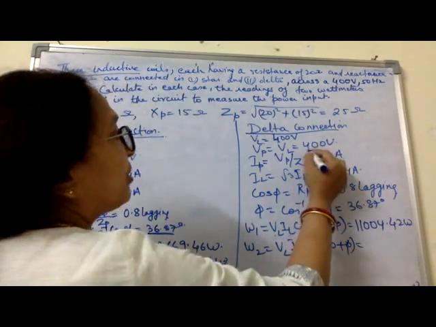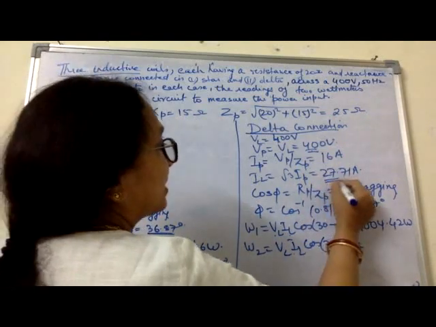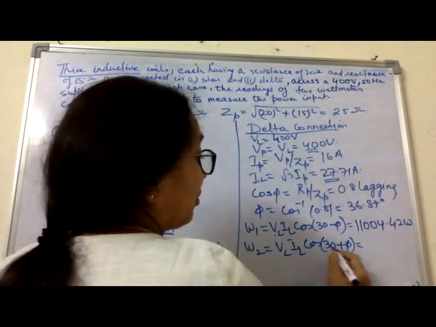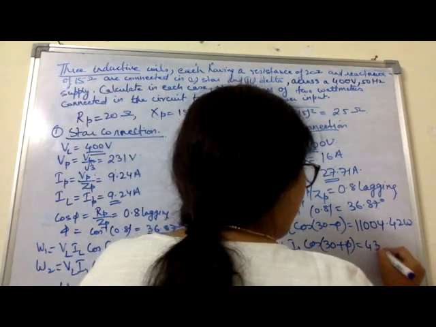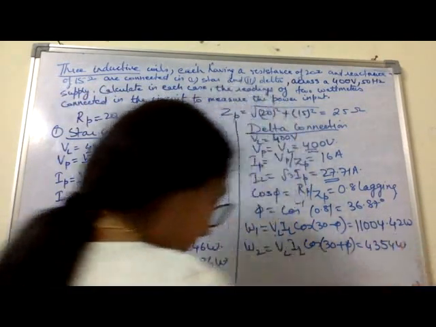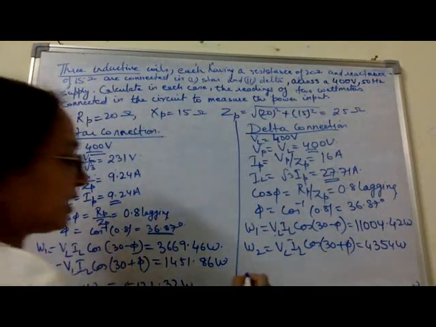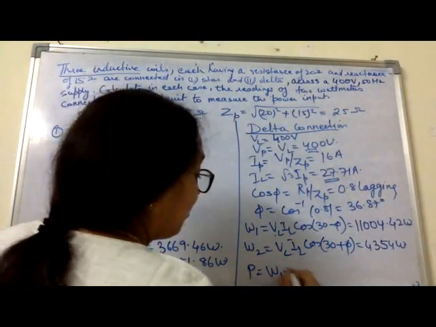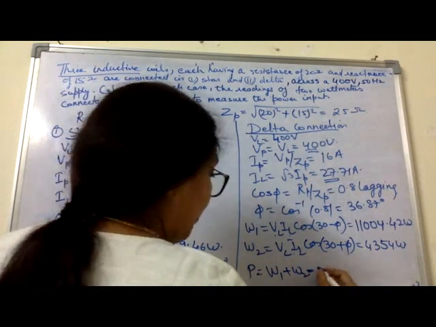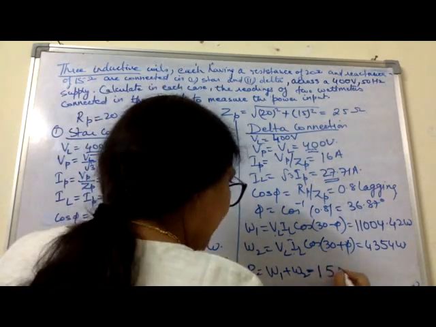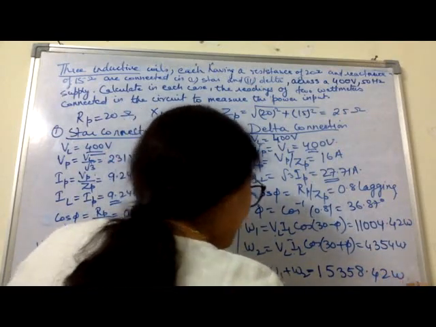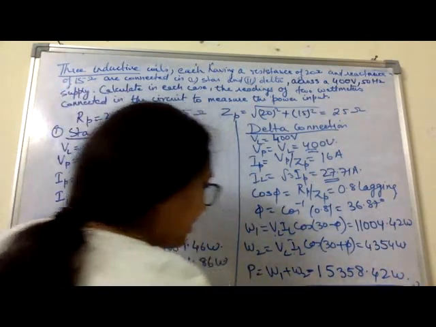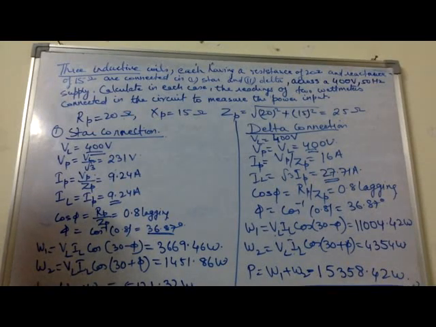VL is equal to 400 volts, IL is equal to 27.71 and cos(30 plus 36.87). This comes out to be 4354 watts. Therefore, the total power consumed will be W1 plus W2, which is equal to 15,358.42 watts. So this is the power consumed in delta and this is the power consumed in star.